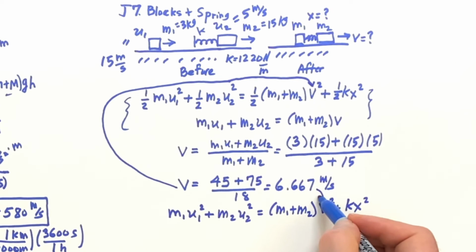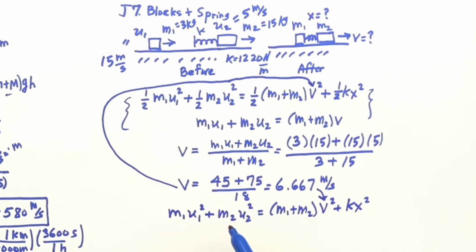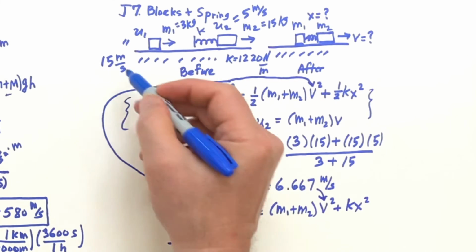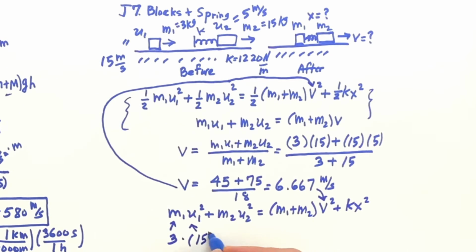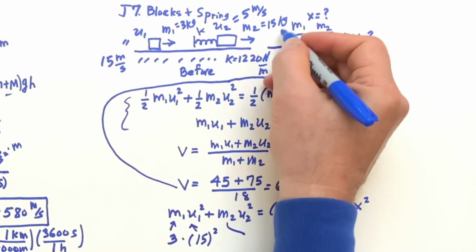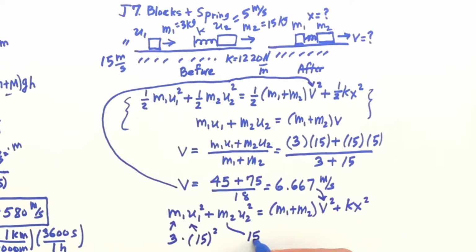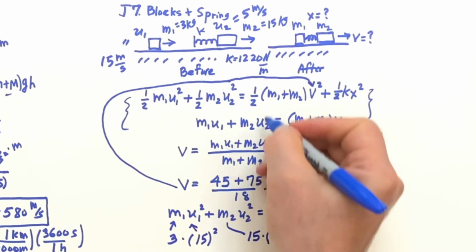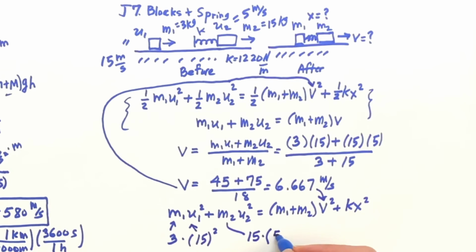So this is going to go in here. m1 is 3, and this is going to be for the u1 squared. u1 is 15, so that's 15 squared. m2 is 15 kilograms. u2 is the 5 squared.